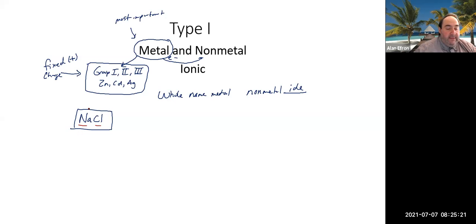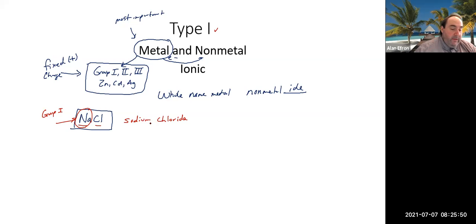Then it is the metal that is the most important, and we know the sodium there is a group 1 metal, which means it's a type 1 compound. Since it's a type 1 compound, we don't have to look any further. We just use the whole name of the metal, which is sodium. And again, chlorine becomes chloride at the end, and we get sodium chloride.